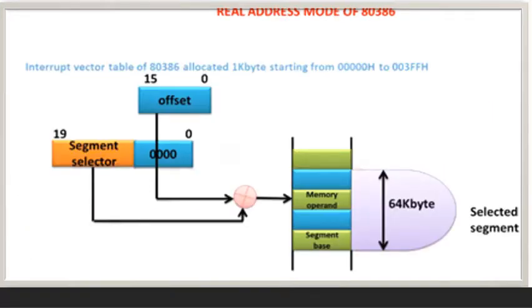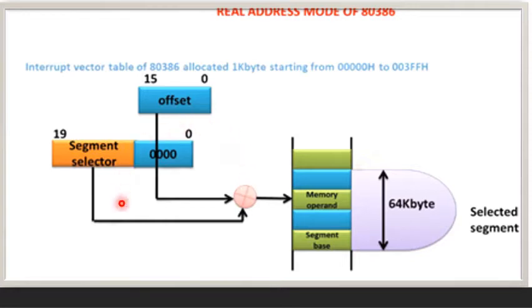In this real addressing mode, the paging unit is disabled so that the real address is the same as the physical address. To compute the physical memory address, the content of the segment register is shifted left by 4-bit positions and then added to the 16-bit offset formed using one of the addressing modes, just like the 8086 real addressing mode.